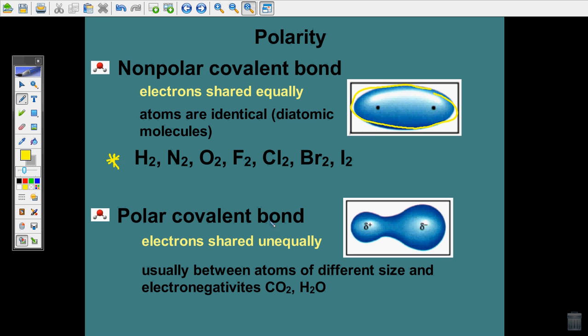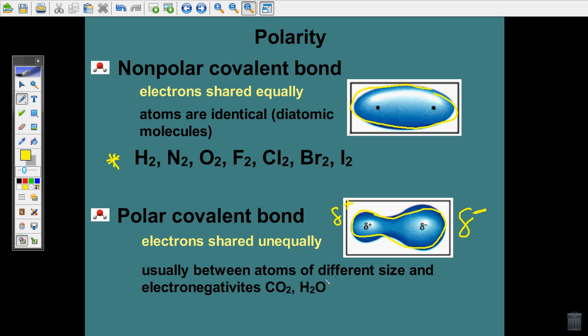Polar covalent bonds, however, share them unequally. So you get this kind of weird shape where this atom over here is going to kind of hog the electrons. And when we write this little symbol here, that's just saying, okay, this atom has more electrons because it has a negative charge. This one is more positive because it doesn't have as much of the electrons.